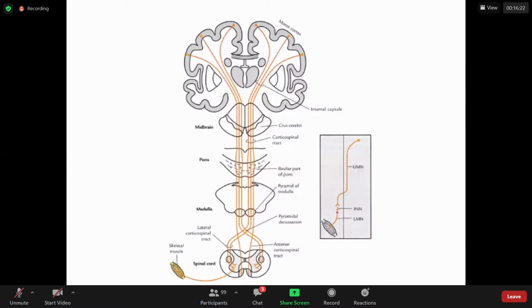Then this trunk divides into ventral and dorsal rami, right? And they go to the muscles and the target organs, skin and muscles everywhere. Because by the time the anterior root and posterior root have joined to form the trunk, they become mixed. So the ventral rami and dorsal rami are also mixed, right?